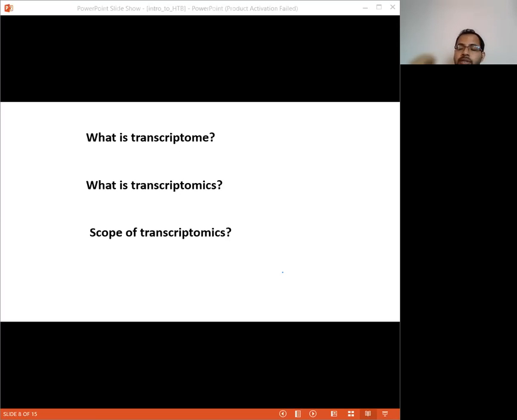Expression level of any kind of RNA inside a cell is also changing, right? So this kind of transcriptomics analysis is also known as expression profiling. Many times you will hear that the expression profile of this sample is this. So expression profile means the gene expression profile, and that means the transcriptomics. Okay.